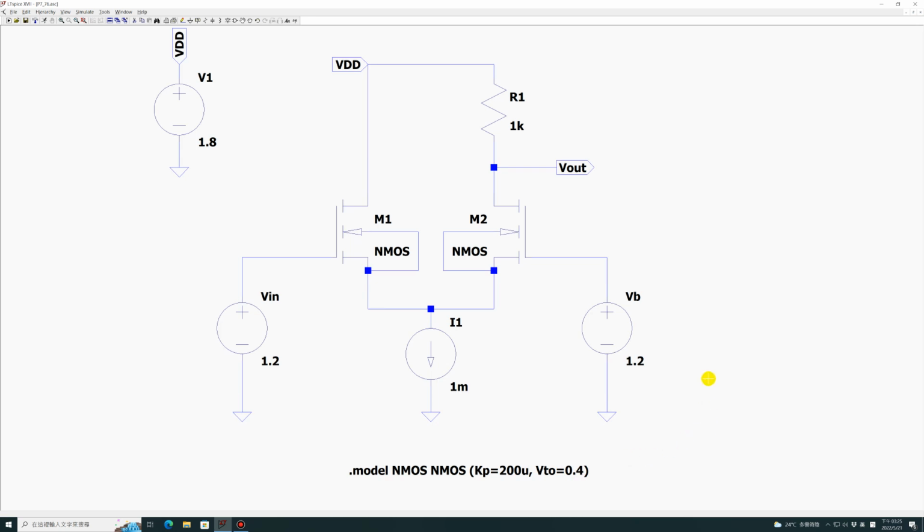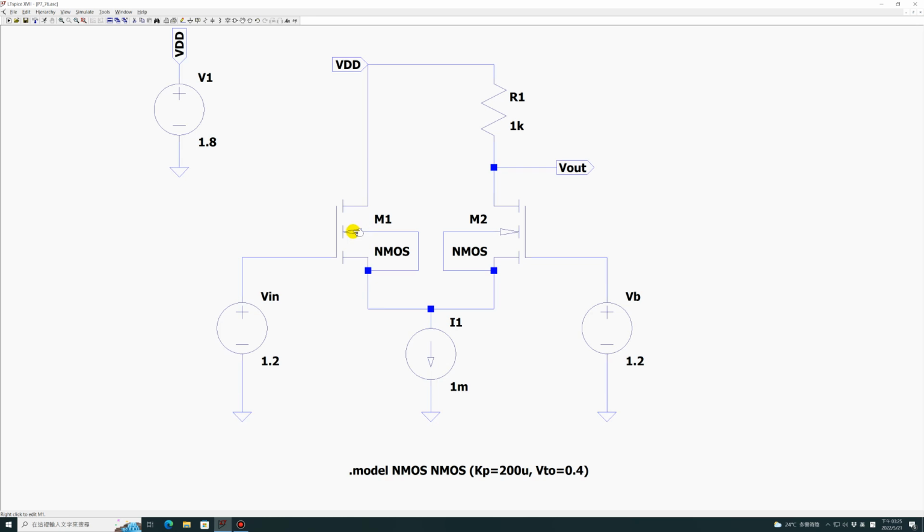Now, since we have a complete model, we want to determine the voltage gain, right? It's easy to simulate, okay? And what we haven't defined are the two MOSFET width and length geometric parameters.